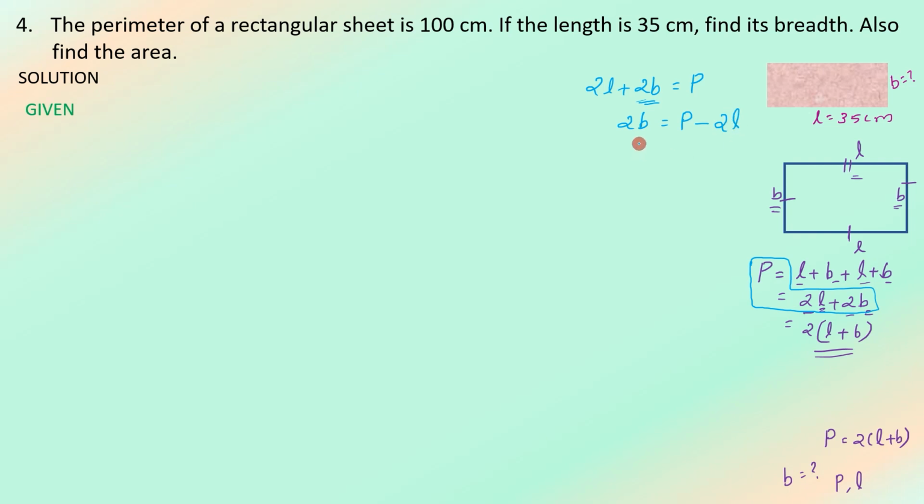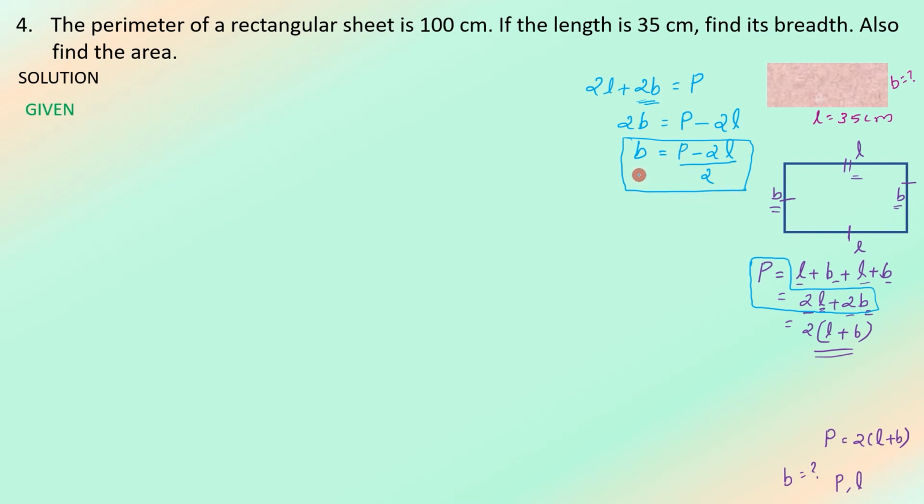Now keep B alone here, B is equal to P minus 2L. When we take 2 from LHS to RHS, it will be in the denominator like this. So here we got a formula for finding the breadth, that is B is equal to P minus 2L divided by 2.